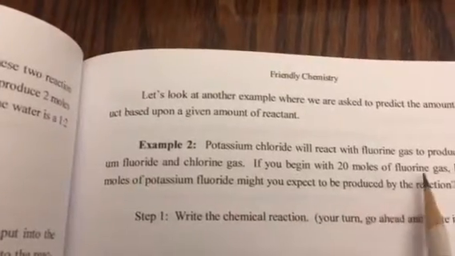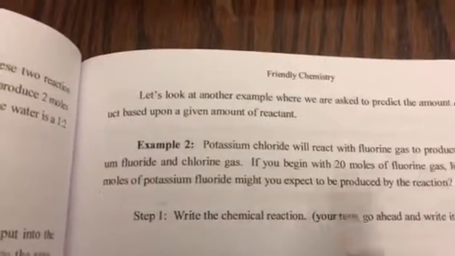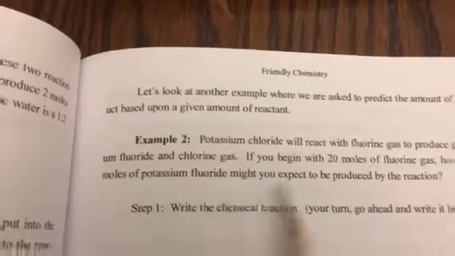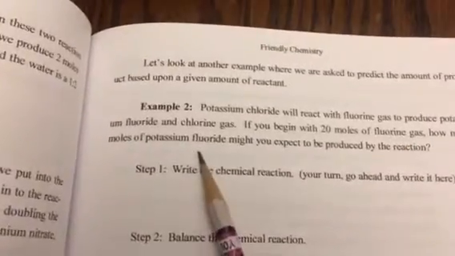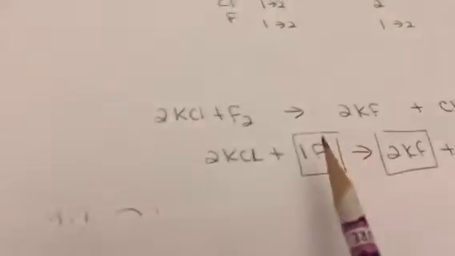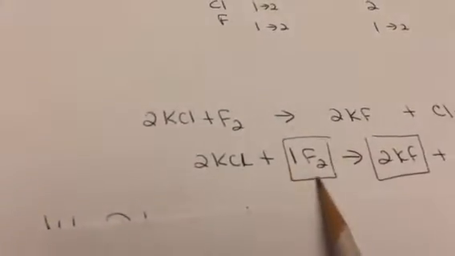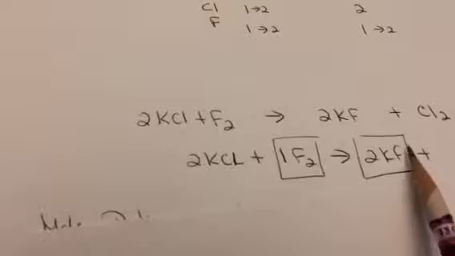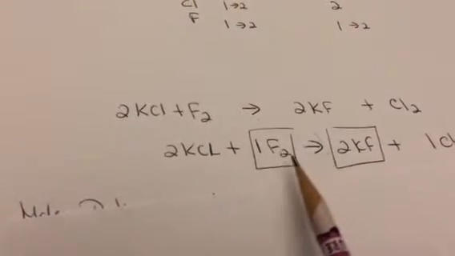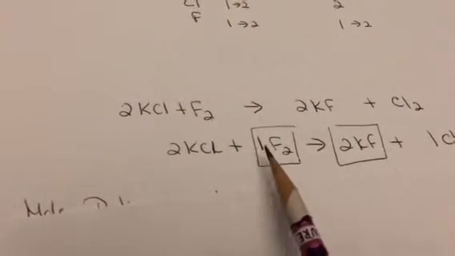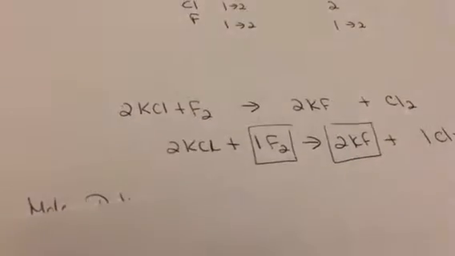If you begin with 20 moles of fluorine gas, how many moles of potassium fluoride would you expect? So you're looking for your fluorine gas and your potassium fluoride. So you put a box around your fluorine gas and your potassium fluoride to get your ratio. And your mole ratio here is 1 to 2.